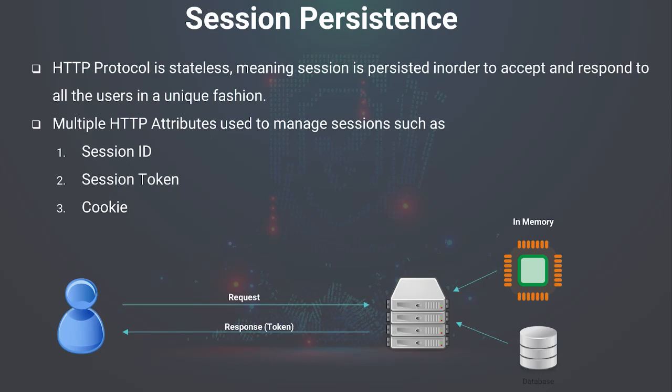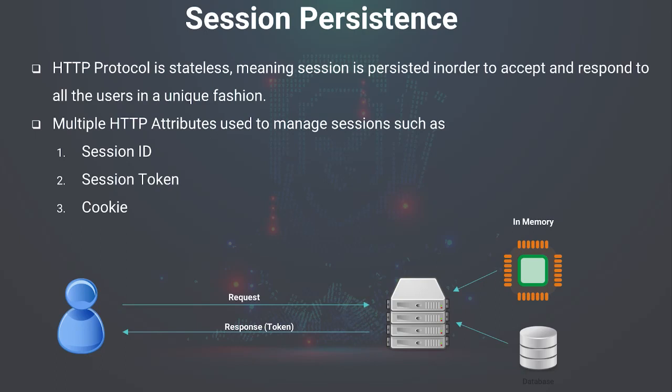The request could be browsing a web page, trying to send login credentials, or any other activity. And the server will respond back, also with a unique token. This unique token is different for each user. And that is how it will identify which user is sending which request and what sort of response has to be sent back.